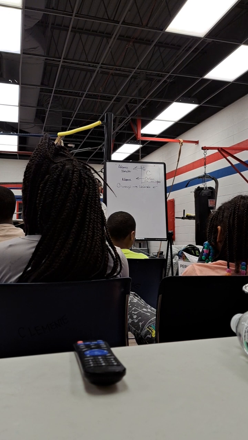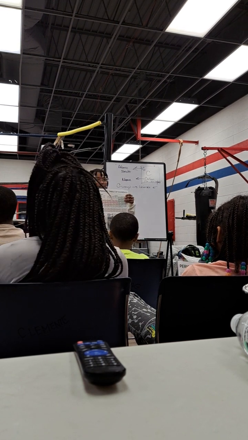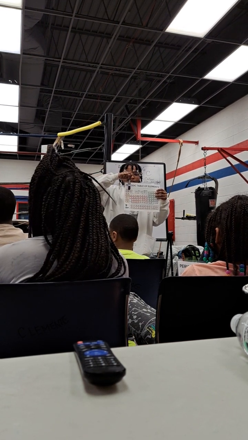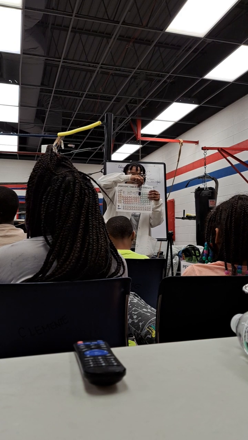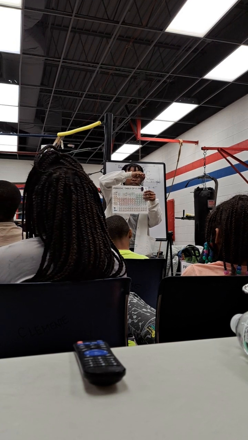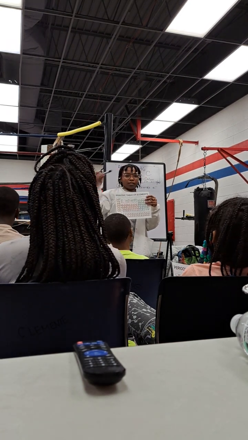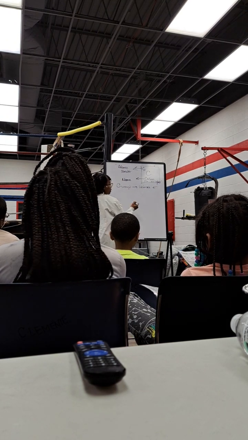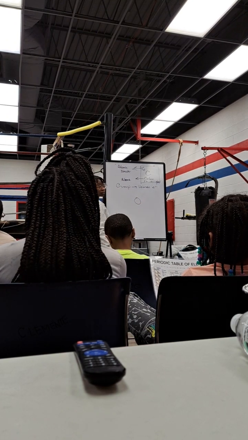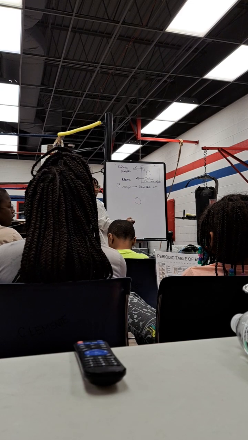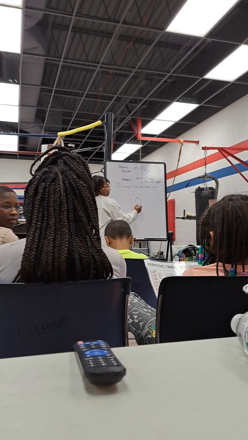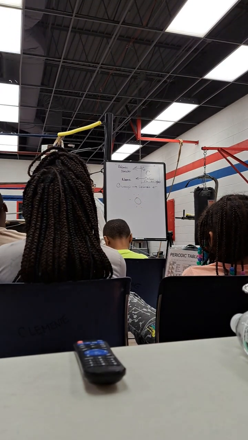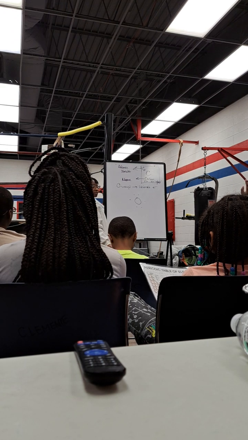Keep going. Skip the middle. Look, Serenity, come on. Six. So how many valence electrons are on oxygen? Six. How many bonds can oxygen make?